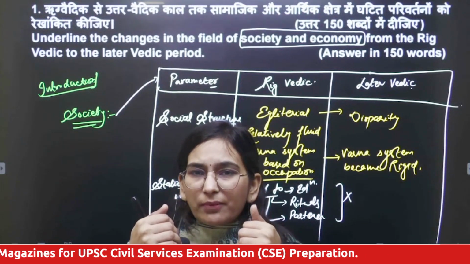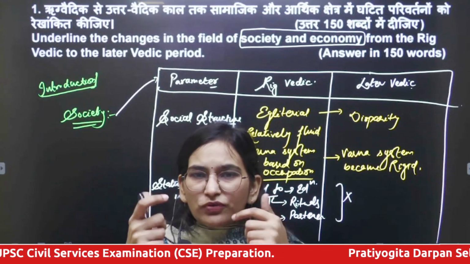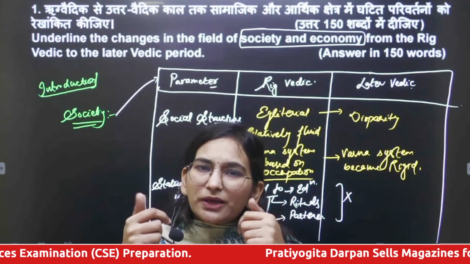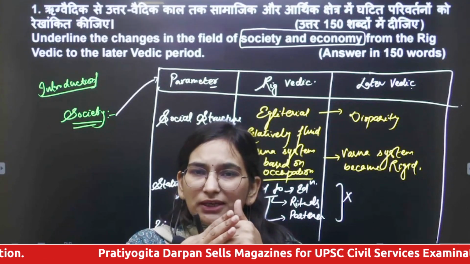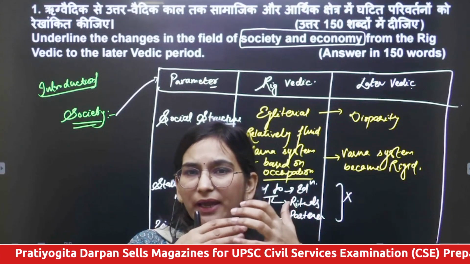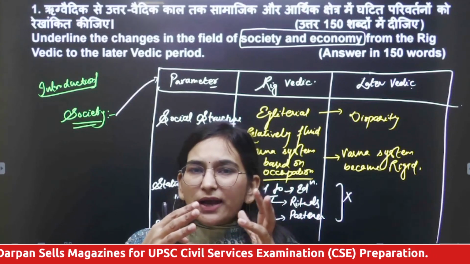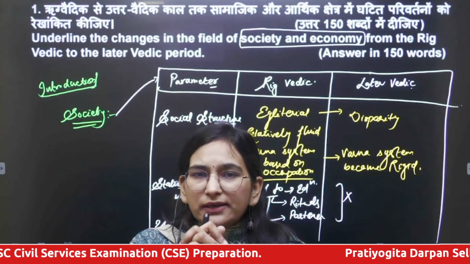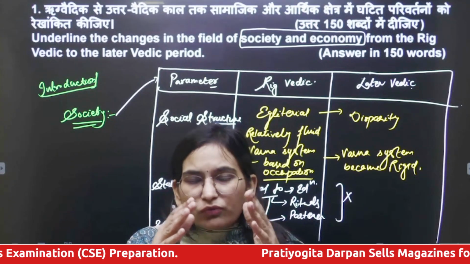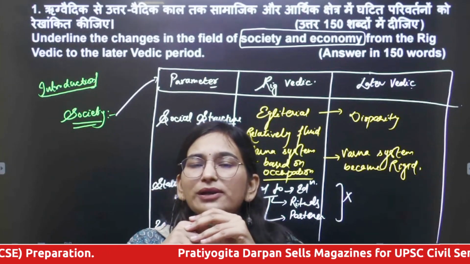Due to this, the ruler would become militarily supreme as well, and that is why the decisions usually taken with the assistance of Sabha and Samiti would lose importance, and now the ruler would move toward being the sole decision maker.